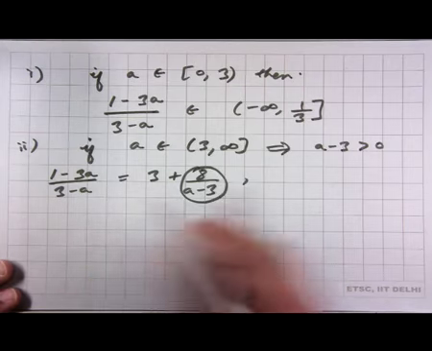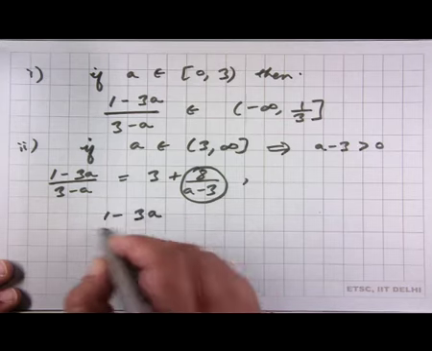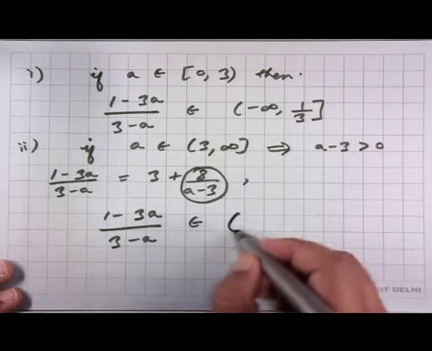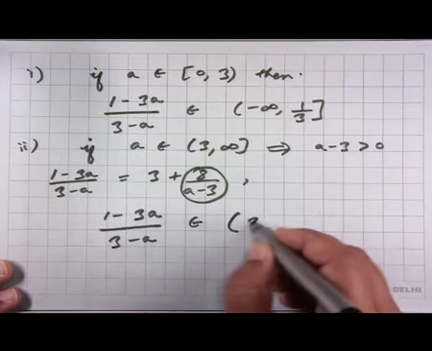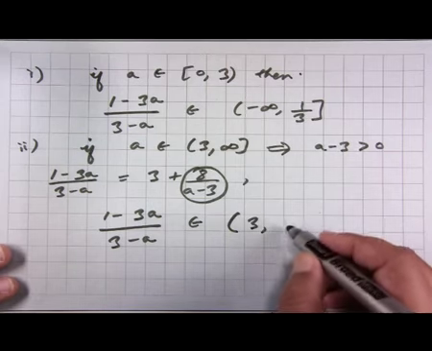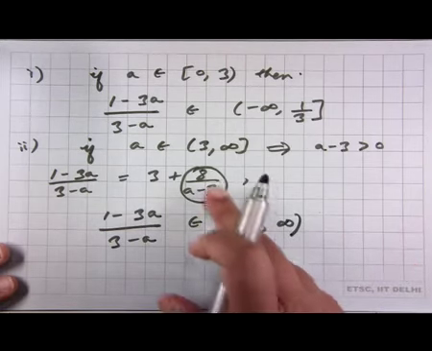So, for this region, what we get is that (1 − 3a)/(3 − a) belongs to (3, infinity), and that is because this thing is positive.